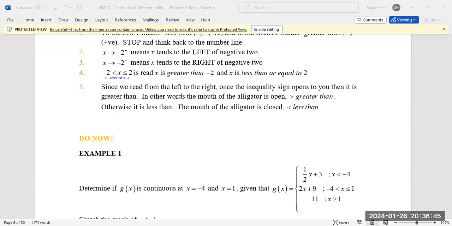Finished? Yes, sir. What did you get for the answer? I got that it's continuous at both x equal -4 and x equal 1. What did you get, Simon? For x equal -4, I got that it was continuous. Yeah, both of them are continuous.